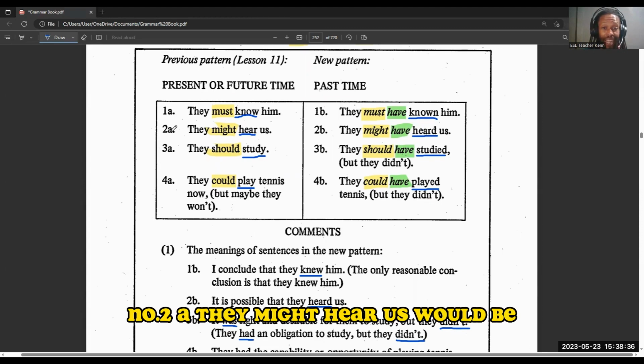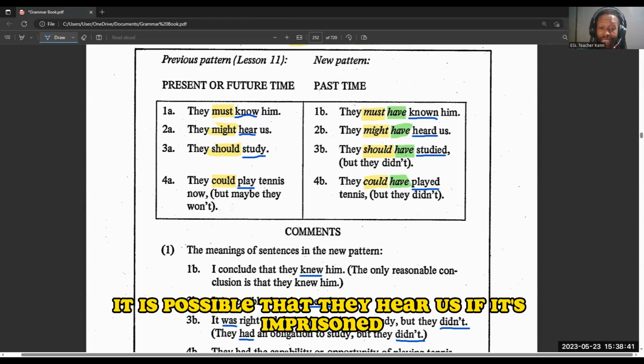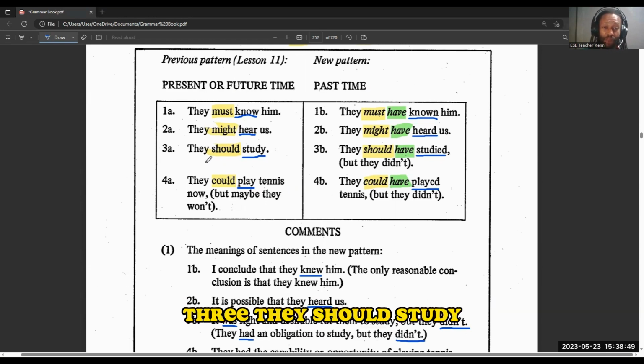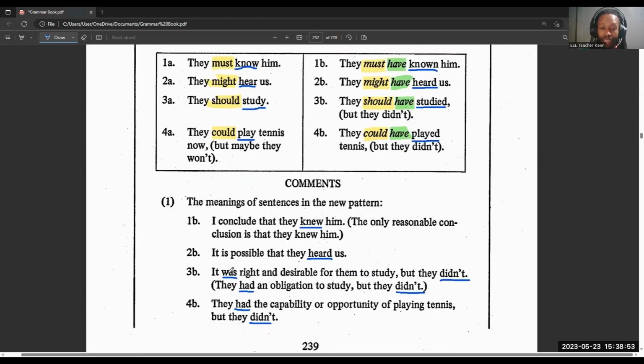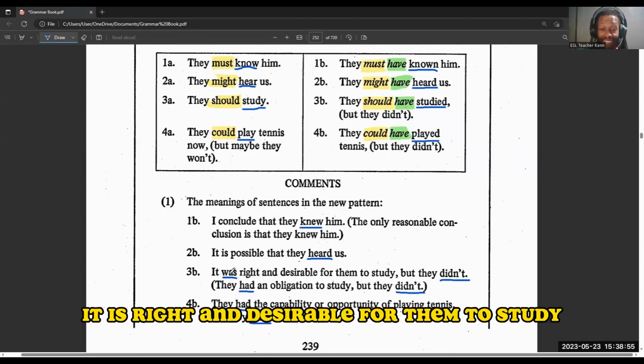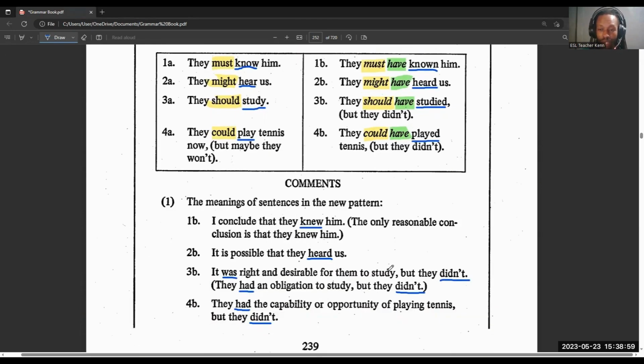Number 2a, they might hear us, would be, it is possible that they hear us, if it's in present. 3, they should study. It is right and desirable for them to study, but they aren't going to.